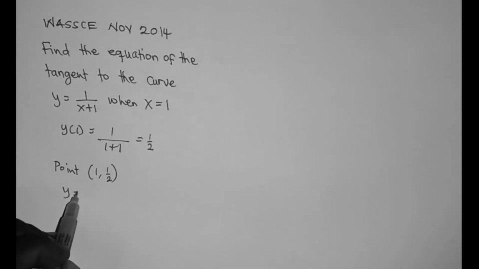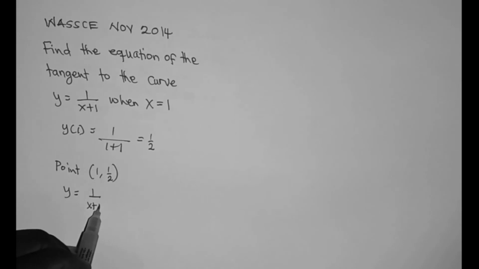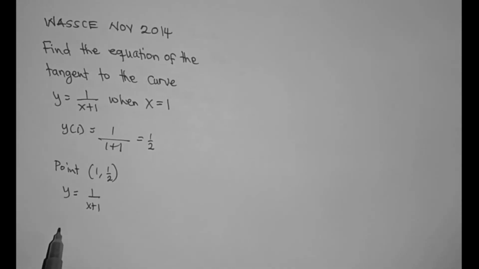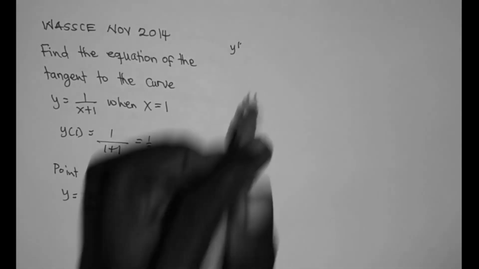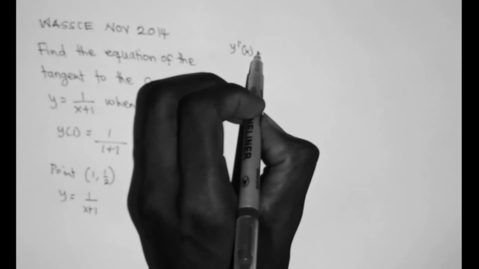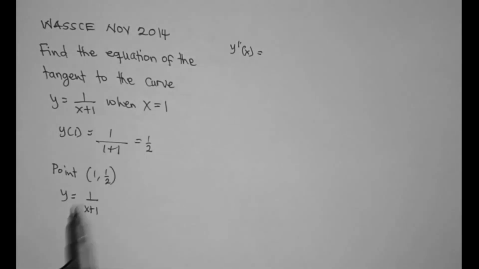But y is equal to 1 over x plus 1. So let's find y prime of x. We need to use the quotient rule in this case.